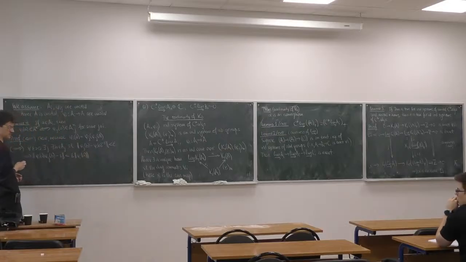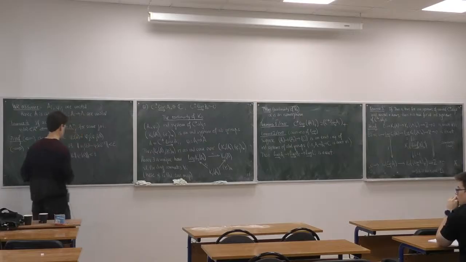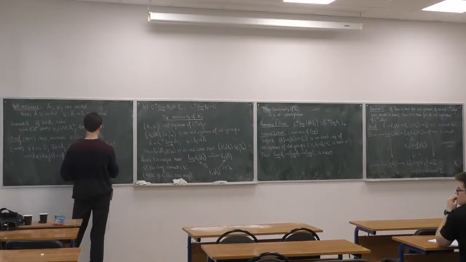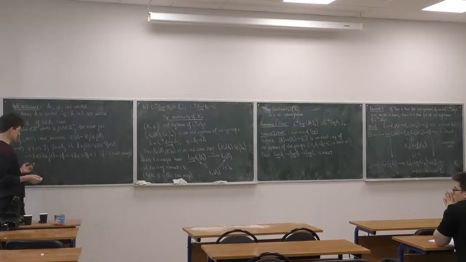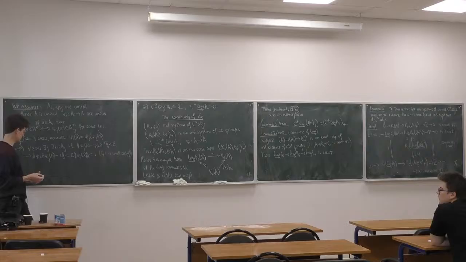And if epsilon is small enough, so we choose epsilon such that this is less than 1. So these are elements in A. A little problem with these elements is that they come from different algebras. So this one comes from A_i, and this one comes from A_j.